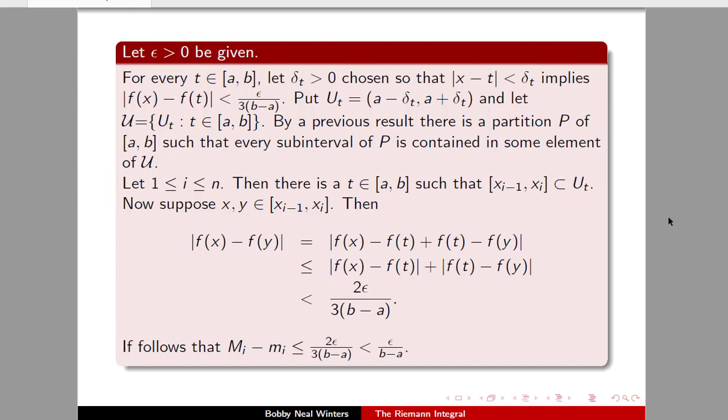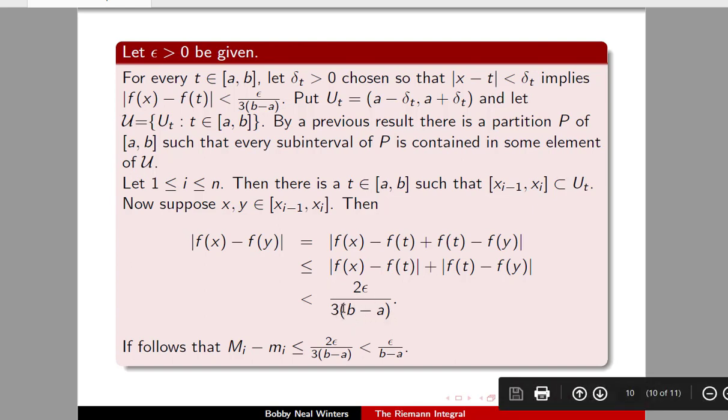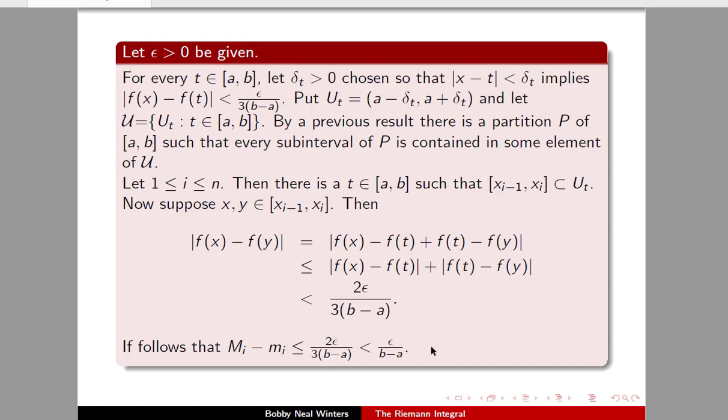Then the distance between f of x and f of y will be less than 2 epsilon over 3(b minus a), as per this calculation. So it follows that M_i minus m_i will be within 2 epsilon over 3(b minus a) of each other, and therefore epsilon over (b minus a).